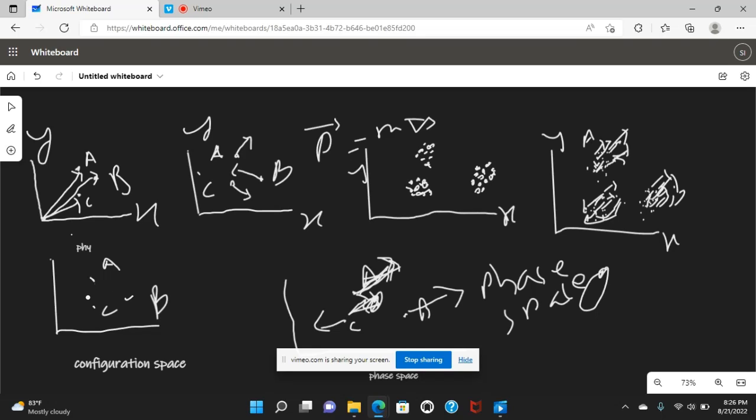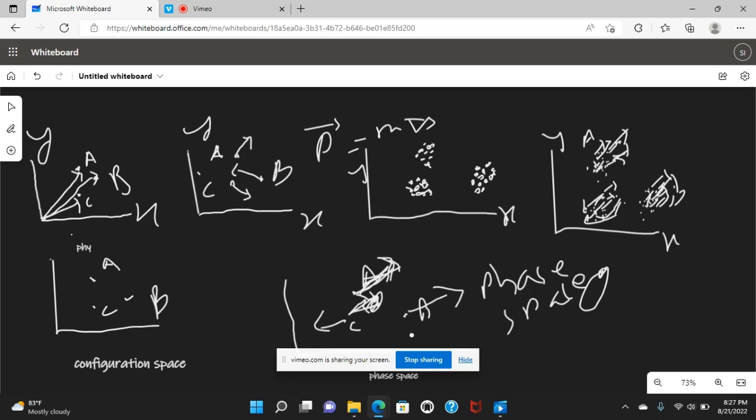So we can consider these clusters of objects as a whole, as a point in configuration space. That makes our mathematics easier.